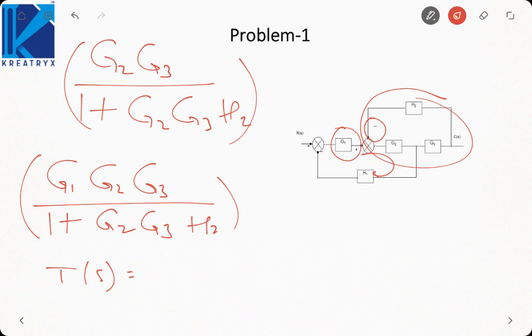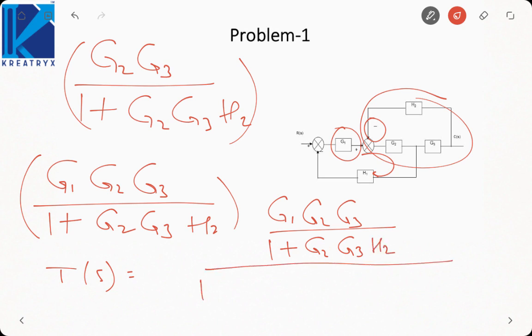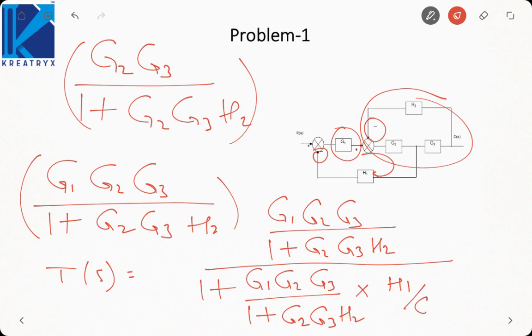Now this entire transfer function is in a feedback loop with H1 by G3. So the transfer function would be the forward transfer function, G1 G2 G3 over 1 plus G2 G3 H2, over 1 plus, because of negative feedback, G1 G2 G3 over 1 plus G2 G3 H2, into the feedback H1 by G3.